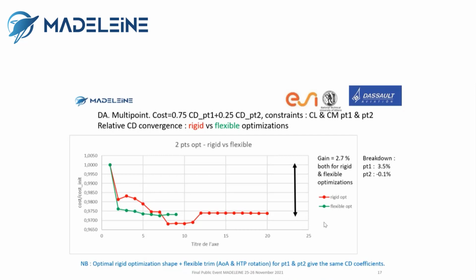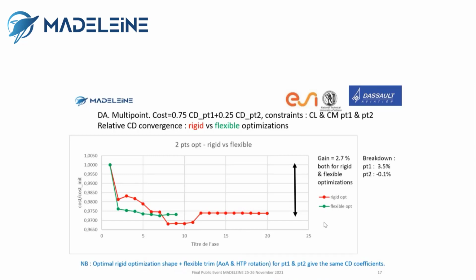But unfortunately, in this case, if we perform a flexible fixed point for the two optima obtained using the rigid approach, and compare the drag coefficient, so for the same lift coefficient and for pitching moment 0, you obtain exactly, to 10 minus 4, the same drag coefficient for point 1 and point 2.